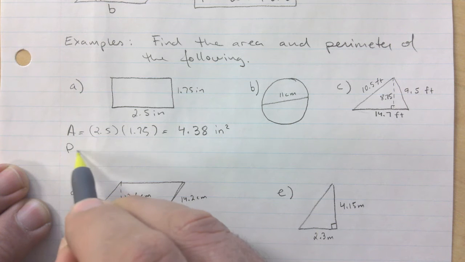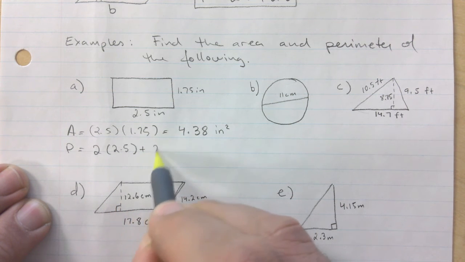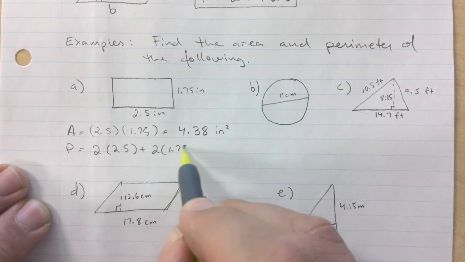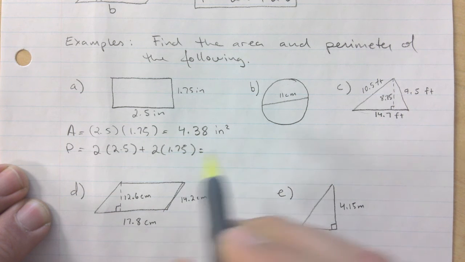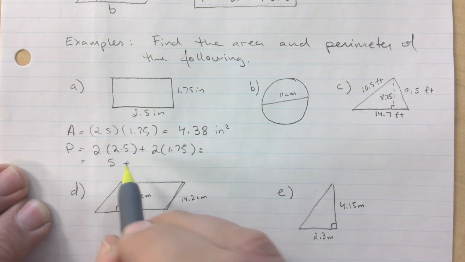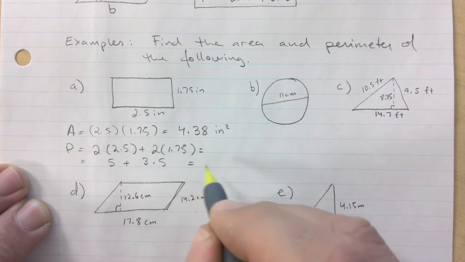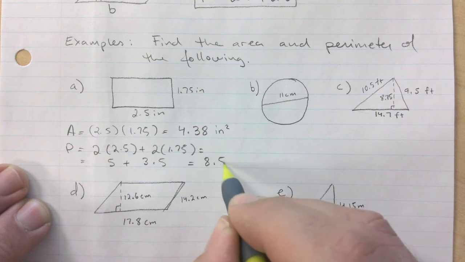Okay. Perimeter 2 times 2.5 plus 2 times 1.75. If you have a decent calculator, you can do this in one shot. So this would be 5 plus 3.5, which is 8.5 inches.